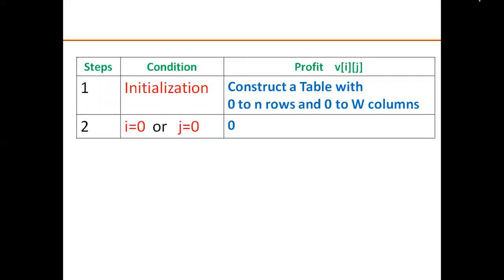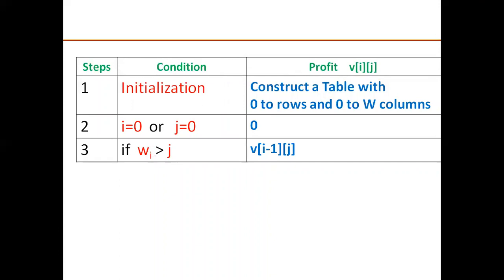Then, whenever i is 0 or j is 0, i equal to 0 means if I don't have any object, then profit earned will be 0. And whenever there is no bag, if the capacity of the bag is 0, then also we are not earning any profit, so it remains 0.